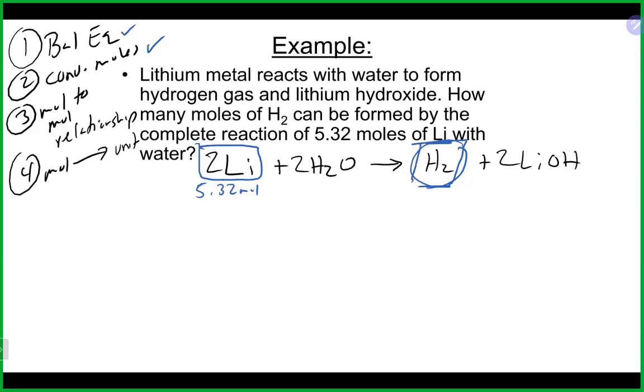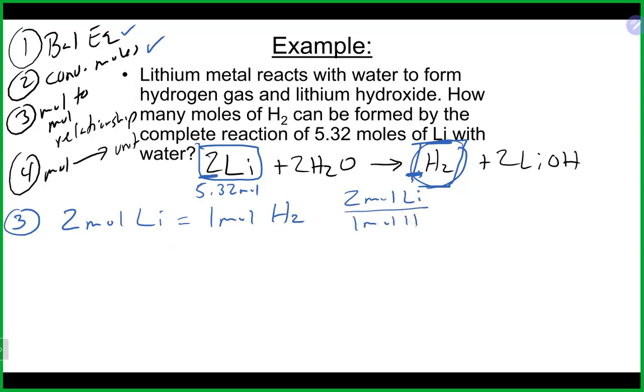And this is where we're going to get our relationship, which is for every 2 moles of lithium, and again, that is just the coefficient, we get out how many moles of hydrogen? 1 mole of hydrogen. That is really the mole to mole relationship that's going to allow us to do this problem. It's really the conversion factor, which if we wanted to write the conversion factors, we could. It would look something like this, or it would look something like this.